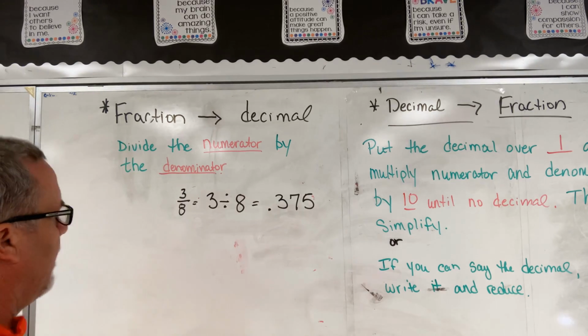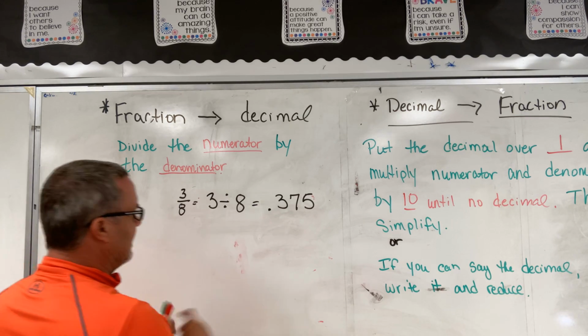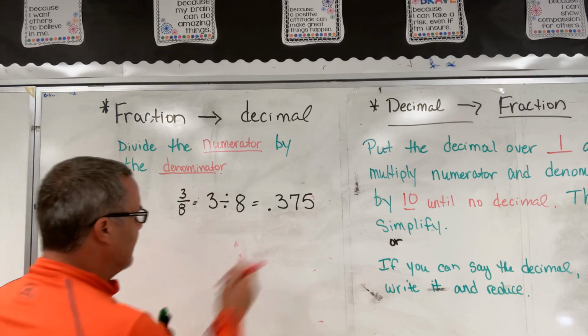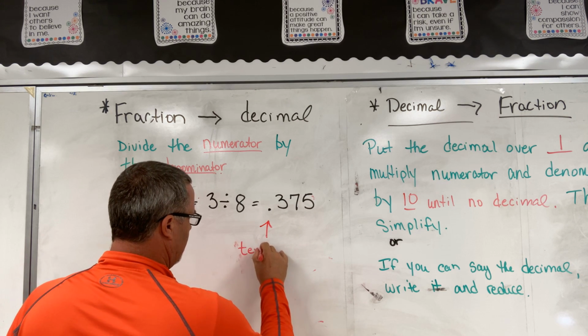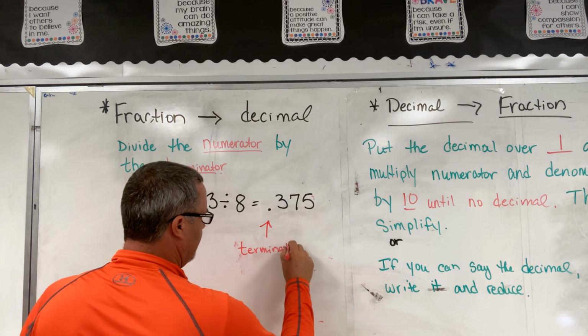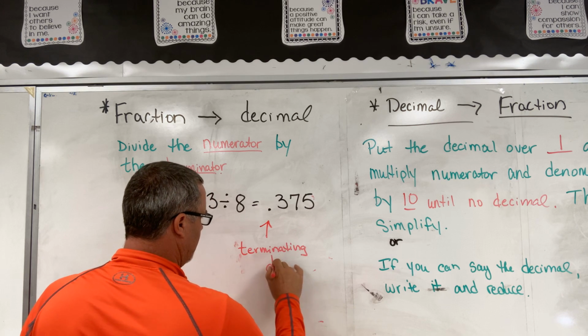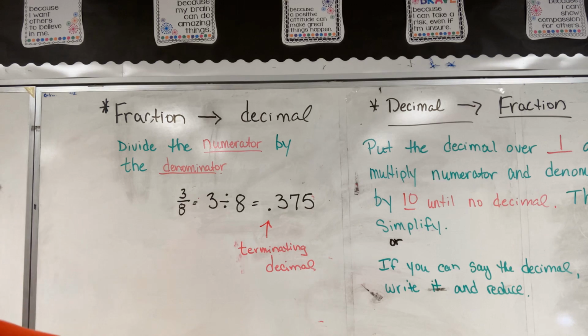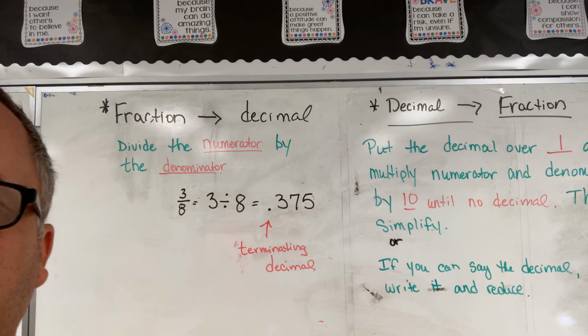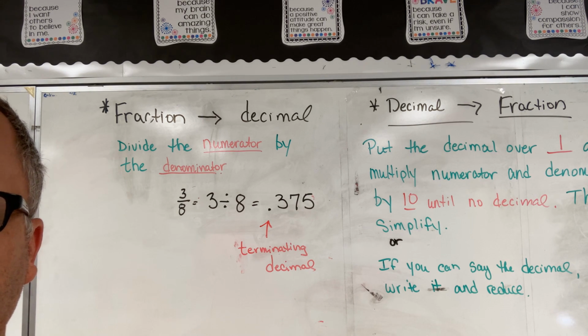It stops right there. So therefore, this is, and you need to write in the box down there, terminating decimal. Okay? Terminating decimal. That's example number 1. If you want to pause and make sure you got it, pause for a second.